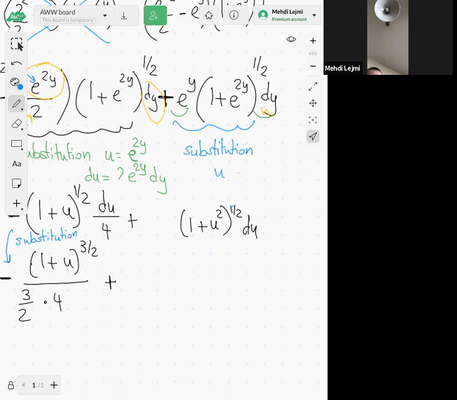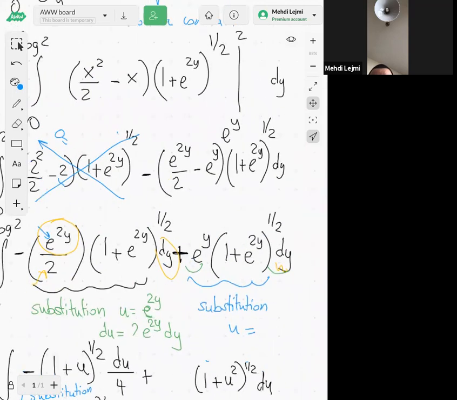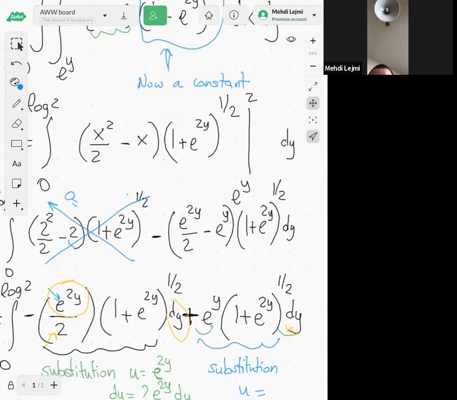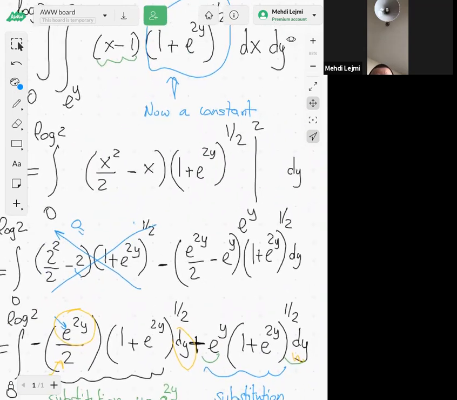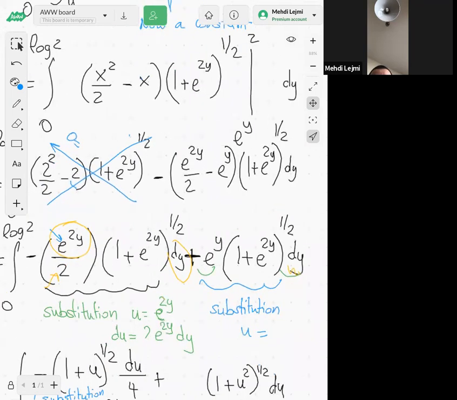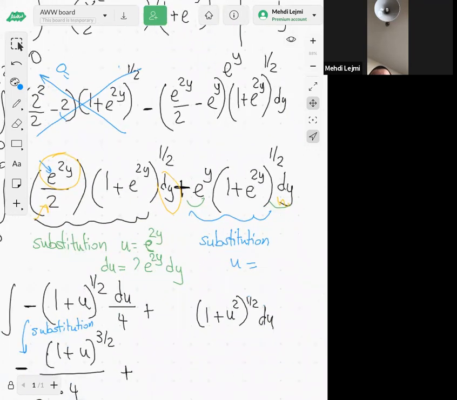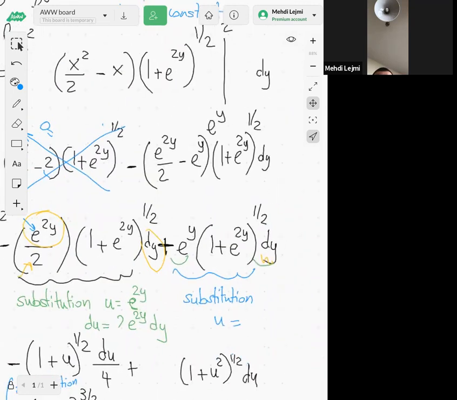So let's say u is equal to, so e to the y doesn't work, right? I didn't forget anything because it seems to me it should be e to the y. That's correct. It's x minus 1. That's correct. I didn't forget anything. That's 0. Just make sure that my answers, the steps are correct. That's plus. That's x.